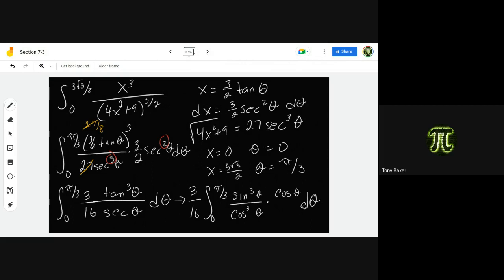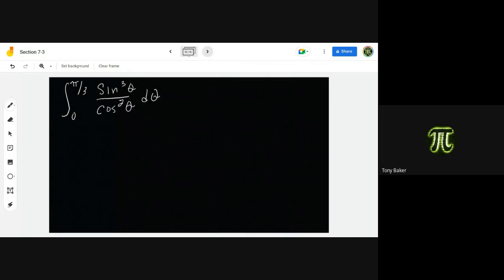All right, we're almost there. So we're here. Okay, now we've got sines and cosines. The nice thing about sines and cosines is I can do U substitution. So let's make U cosine. So then du is going to be negative sine.